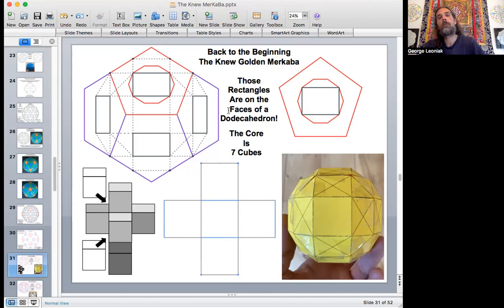So really what's happening here is the dotted lines are the form in square view, and some of them are hidden inside a dodecahedron. But on the face of a dodecahedron is that rectangle. It's right on the face. It's actually following the angle of the face.